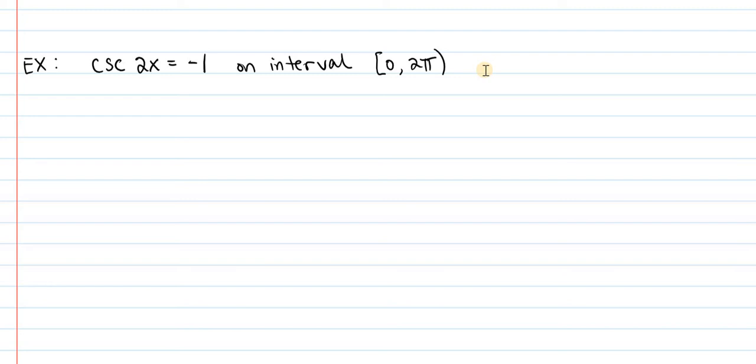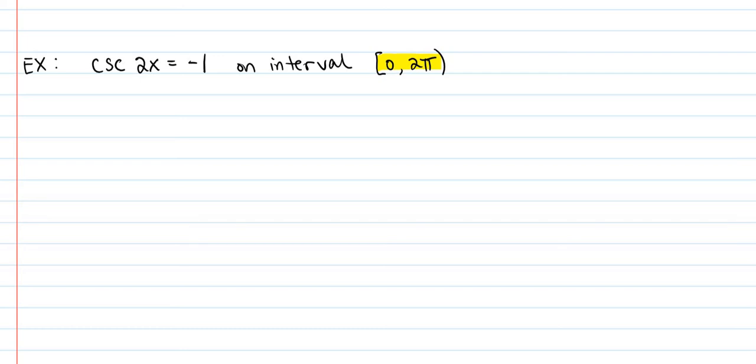We're going to use the exact same steps that we've been doing, but once we get our general formula, we're then going to start inputting values of n. So n equals 0, because that would be 0 times around the unit circle. n equals 1, that's 1 time around the unit circle. n equals 2, etc. to find all the values that fit into this particular interval, which is just one domain from 0 to 2 pi.